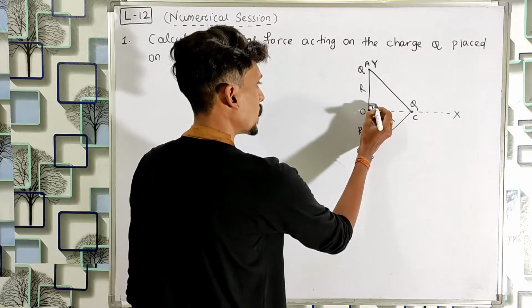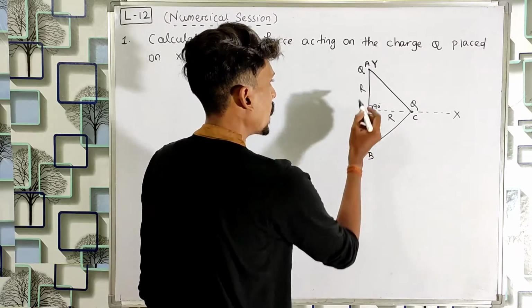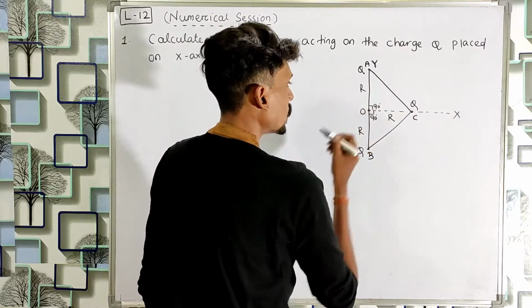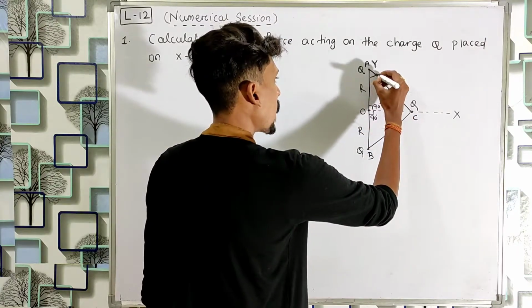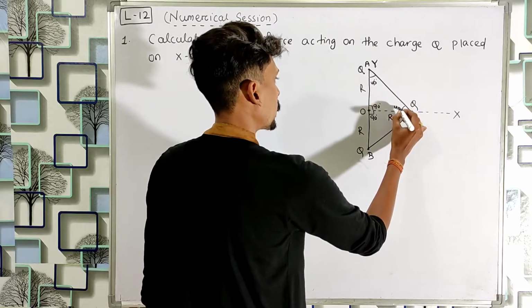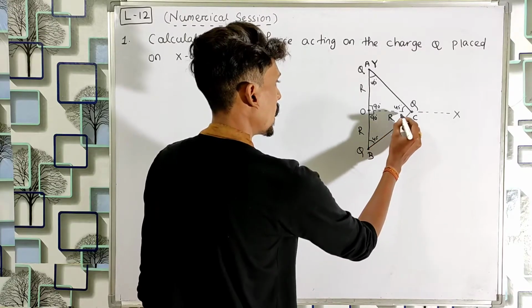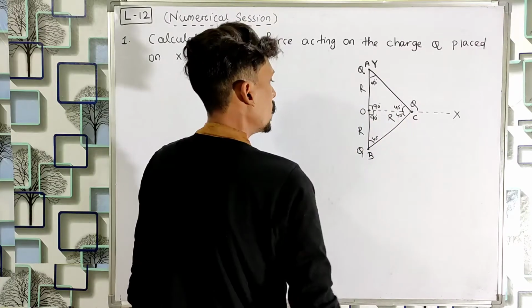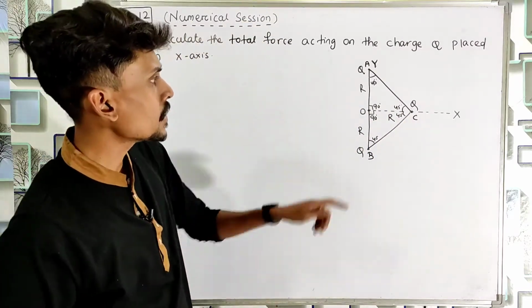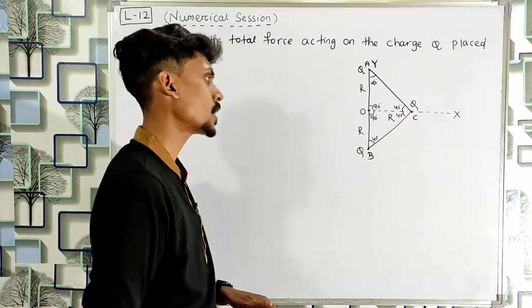This angle is 90 degrees, and OA and OC are equal, so these two angles are also the same, 45 and 45. Similarly, in this triangle, this is 45 and this is 45. So you can see that the angle ACB is 90 degrees. Is that clear?